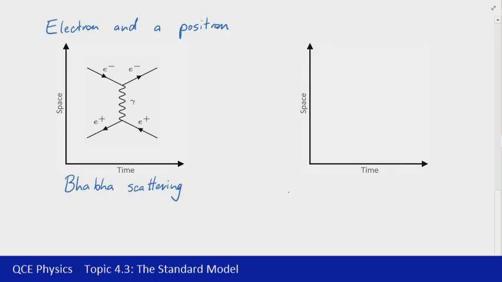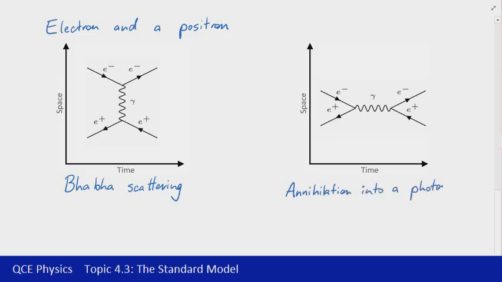So if we start out with the electron and the positron interacting directly with it, they'll annihilate each other to produce a photon, and then shortly after that the photon will then be able to pair produce an electron and a positron. That idea of pair production is not anything you need to know in any more detail than what's represented on this graph.